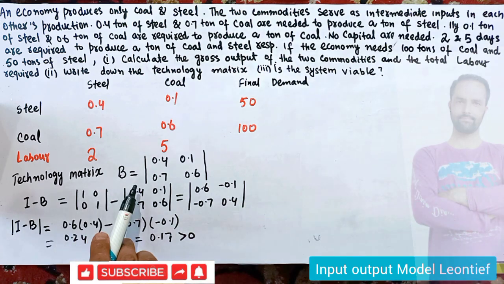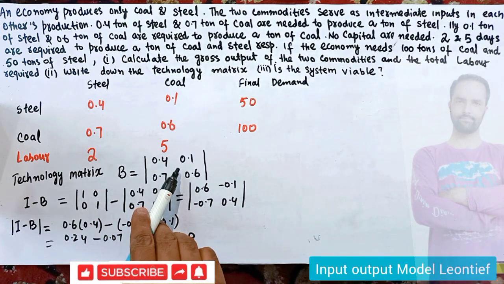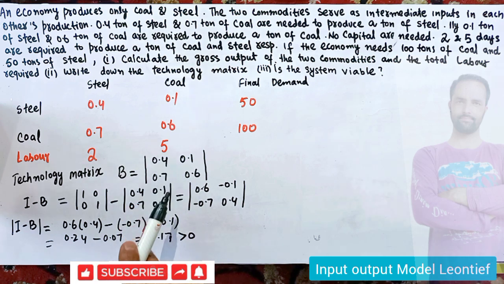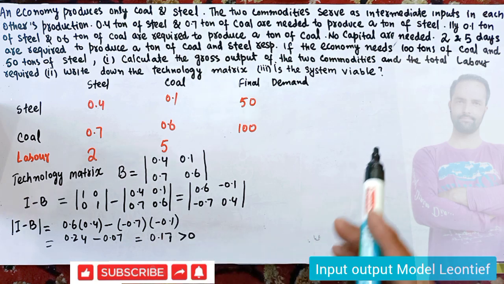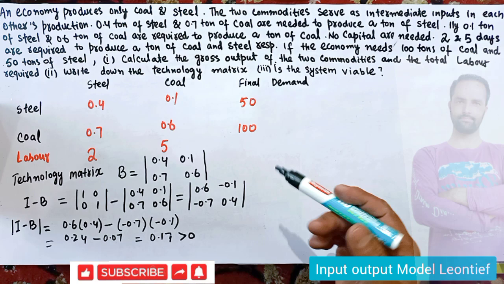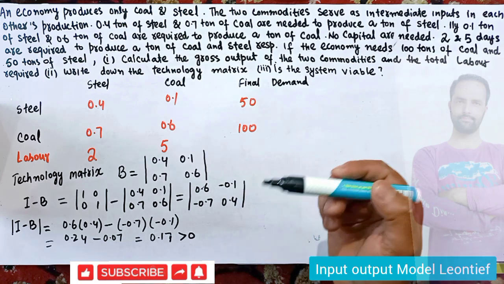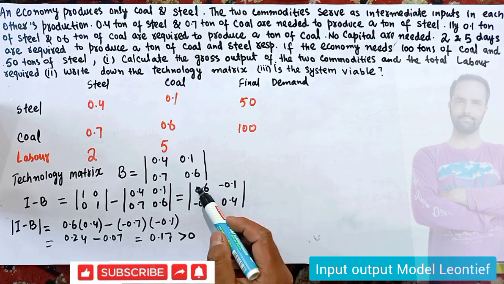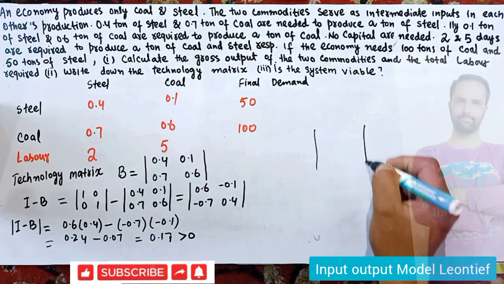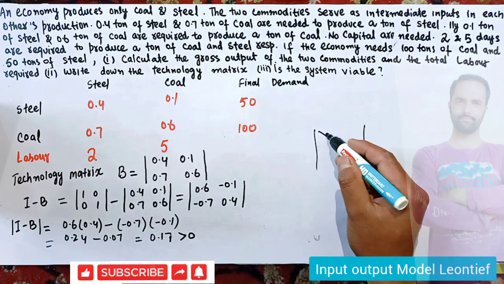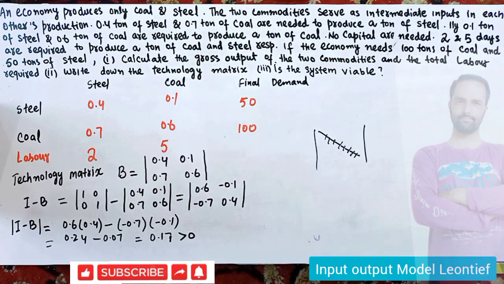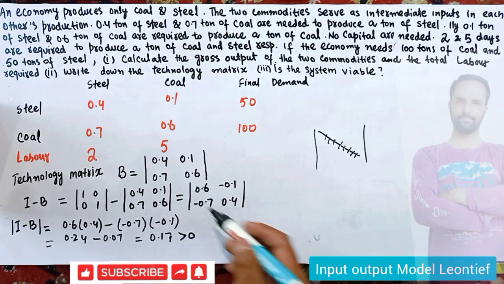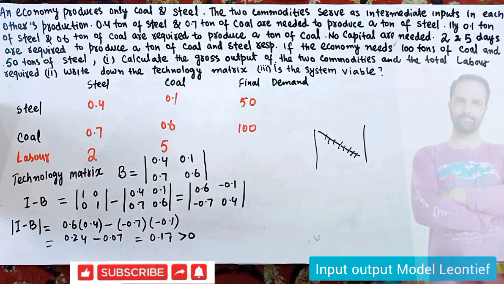So if B is our technology matrix, then the Hawkins-Simon condition tells us the main diagonal elements in this I minus B must be positive. That means this diagonal is called the principal diagonal or main diagonal. The elements on the principal diagonal should be positive. Here we can see 0.6 and 0.4 are positive. This is the first condition.